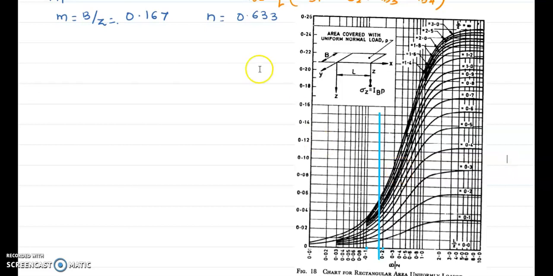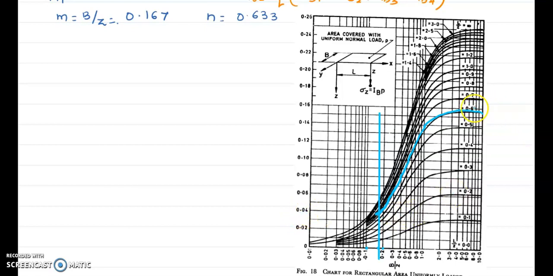Okay. Now, what is the N value? The N value is 0.63. So which is the curve corresponding to 0.63? You can see this curve is 0.6, and 0.63 you can approximate as slightly more than 0.6. Now you will have to find the intersection of this curve with this line. What is the value? It's KB 0.04.